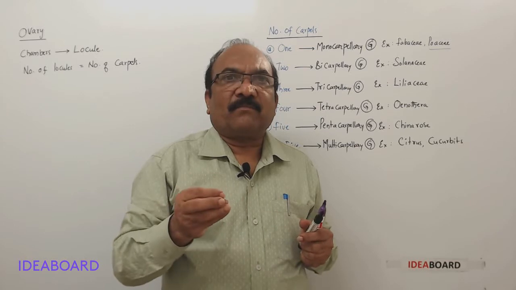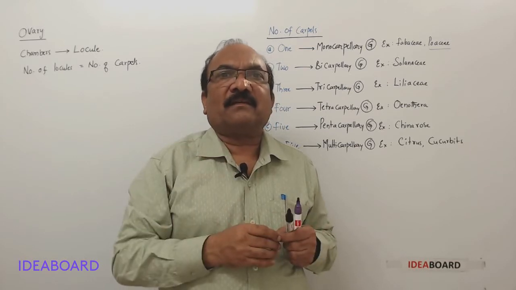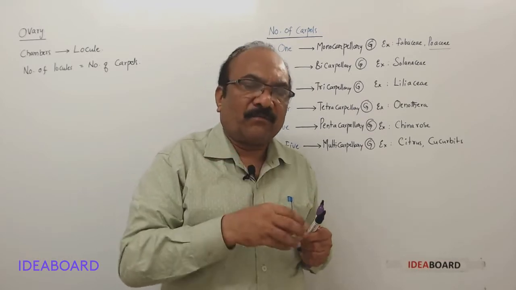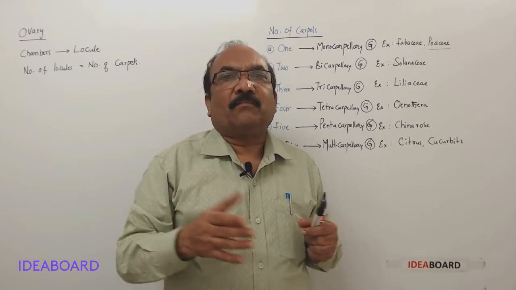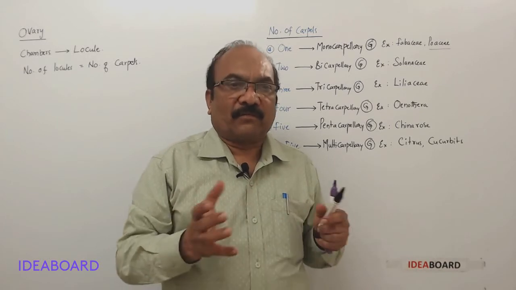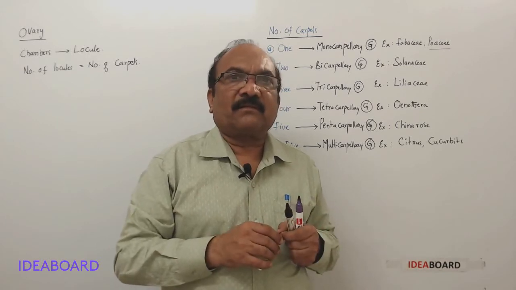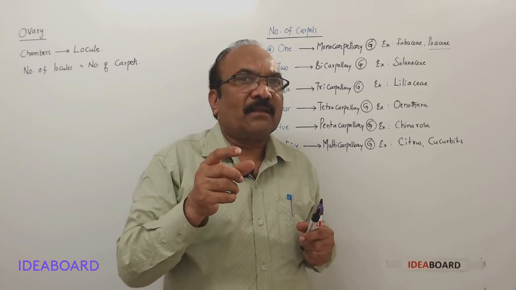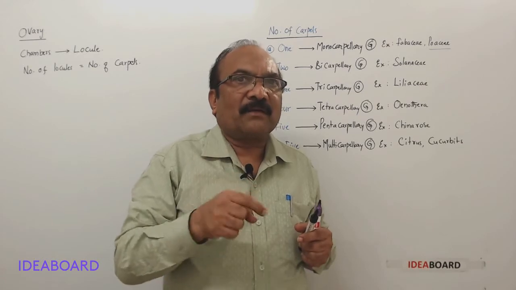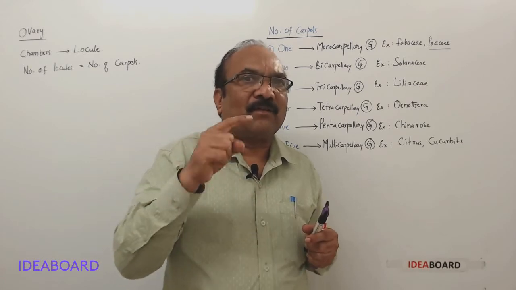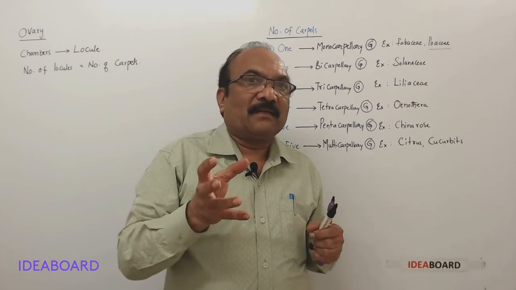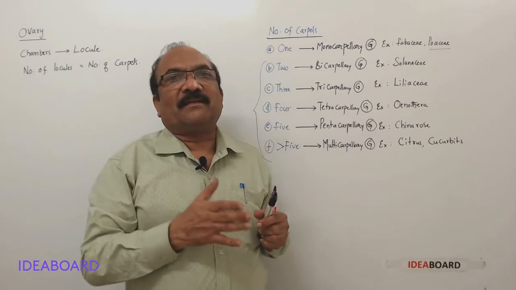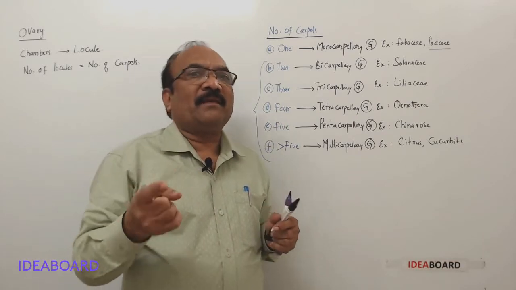In some ovaries you will find one ovule, and in some you will find many ovules. So whenever the ovary develops into a fruit, in some fruits you will find a single seed, because their ovary contained only one ovule, and in some fruits you will find many seeds, which indicates that their ovary contained many ovules.